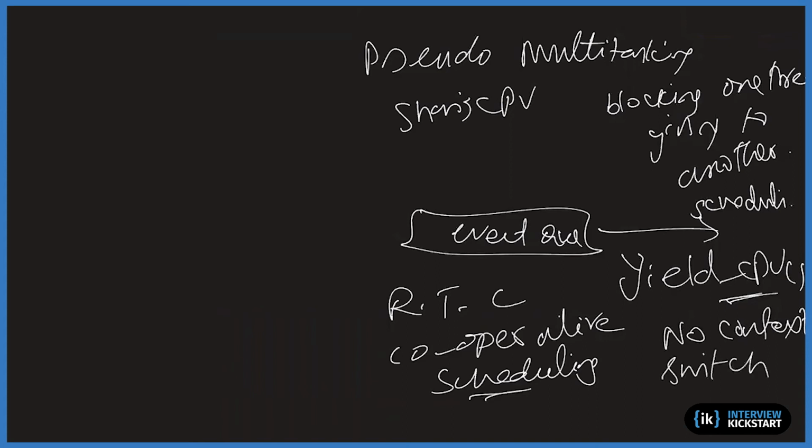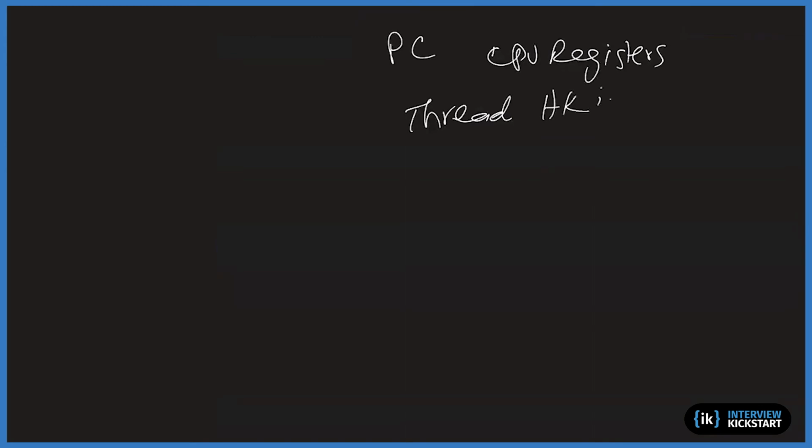Because you have done one stage of computation, you can continue cleanly. So what is context? Basically, it starts with the program counter, maybe the CPU registers. And if you're having thread related housekeeping information, like what is called the task control block in an operating system.